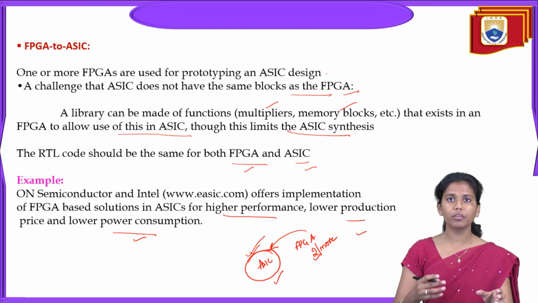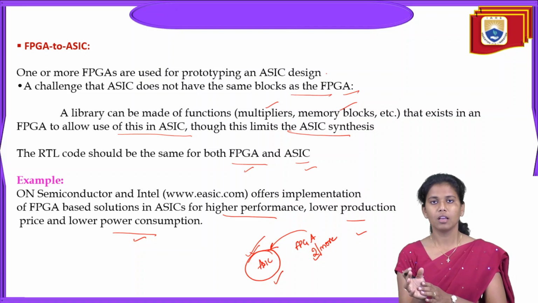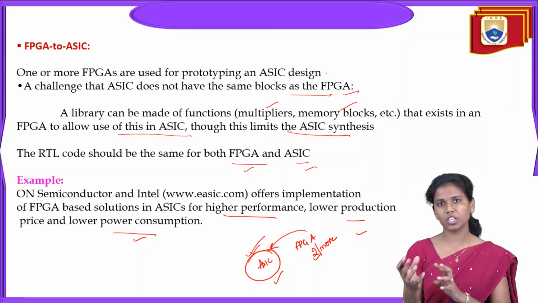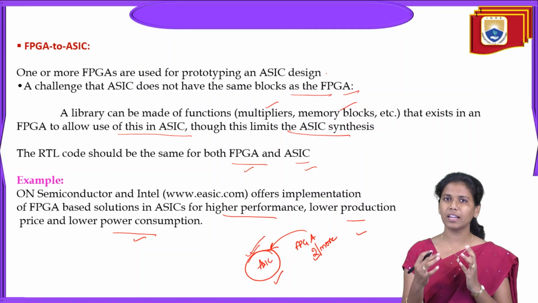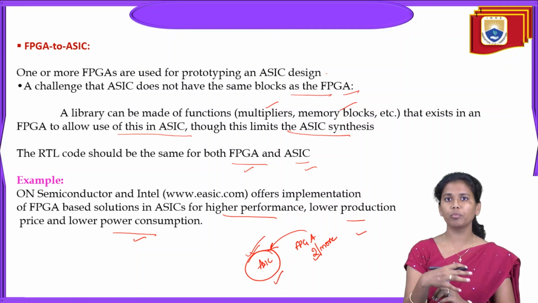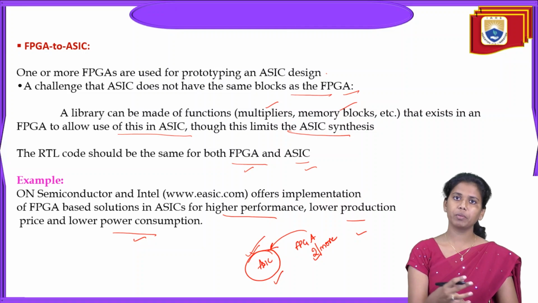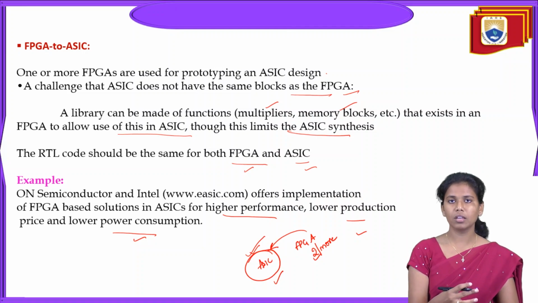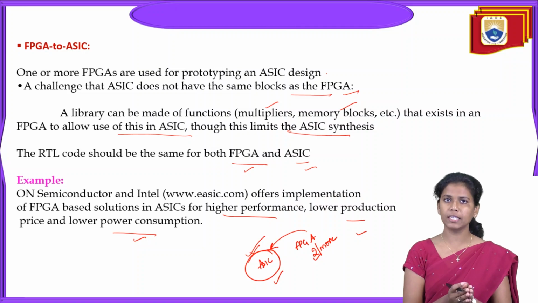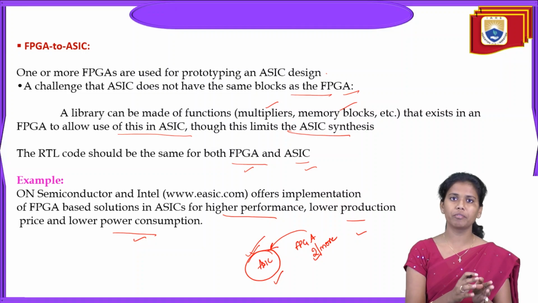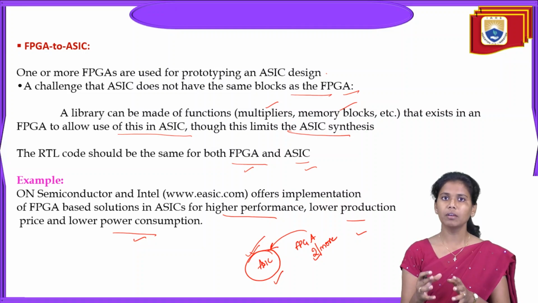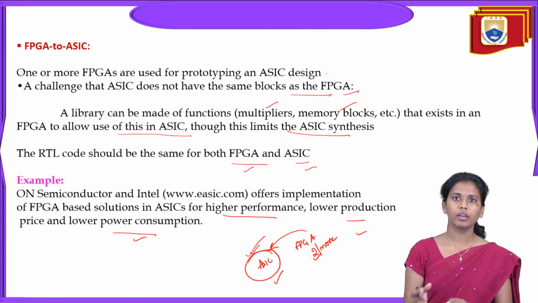Whereas moving from FPGA to ASIC is time consuming. There are many disadvantages, because FPGA is very simple and easy to construct, whereas ASIC is more complex, and more complexity can occur in ASIC. So rather than moving from FPGA to ASIC, it is better to move from ASIC to FPGA.